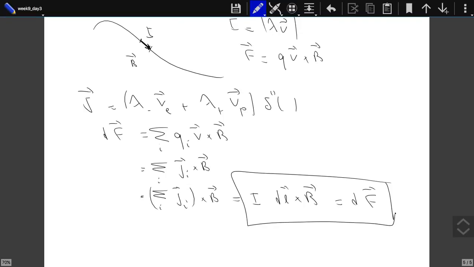If I multiply it by dl, it is basically the total charges in that very small volume multiplied by the velocity. But that is nothing but my J. Or sum over Qi times V.